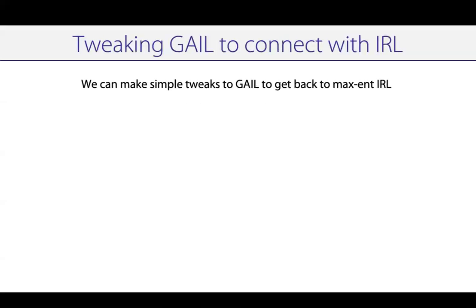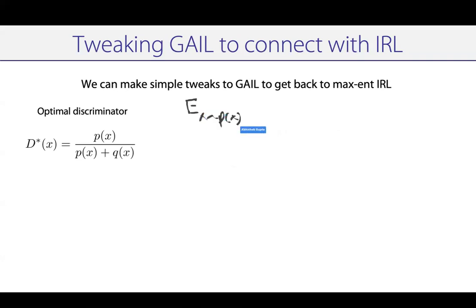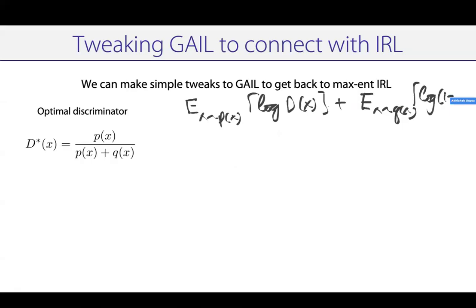Okay, so what we're instead going to do is make some simple tweaks to this objective to recover a reward function. The first thing we're going to notice is that when we have classification between two distributions, P and Q, this is what classification looks like. It's binary cross entropy.